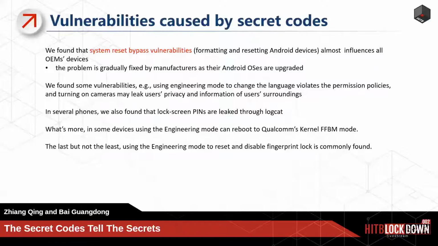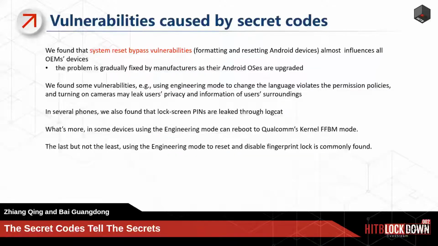The fourth category is that some devices allow using the engineering mode to reboot the phone into Qualcomm's kernel FFBM mode, which is a very dangerous mode. Later, I will explain it to you. The last type of vulnerability is using the engineering mode to reset and disable the fingerprint lock.